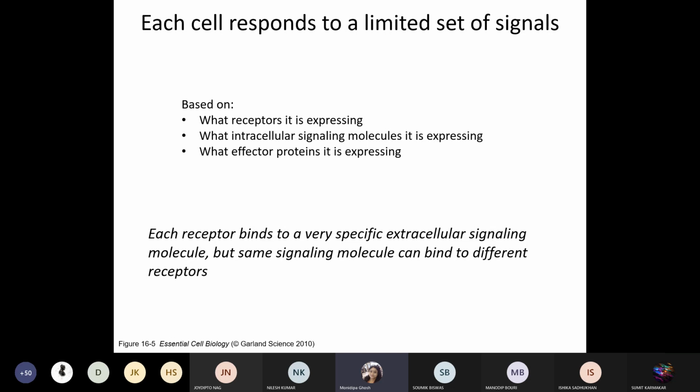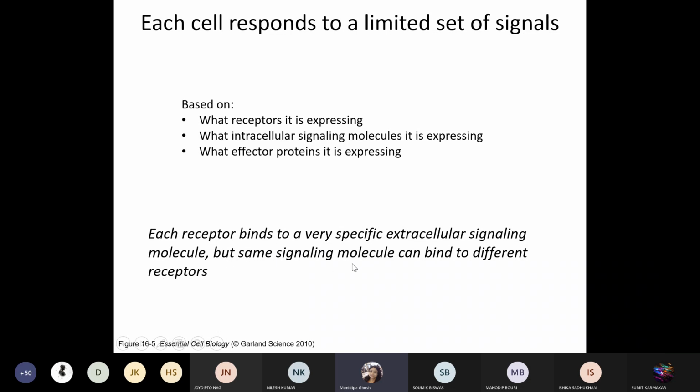The target cell will be identified by the discriminating factor based on what receptor it is expressing, what intracellular signaling molecule it is expressing, and what effector protein it is expressing. These are the key factors which decide which receptor binds to which extracellular signaling molecule.